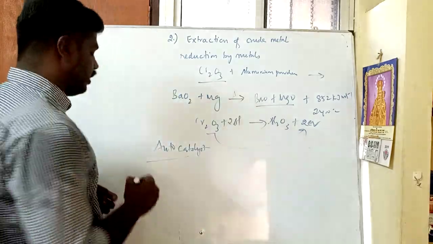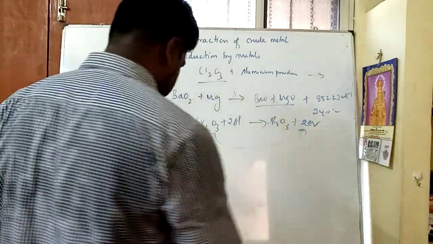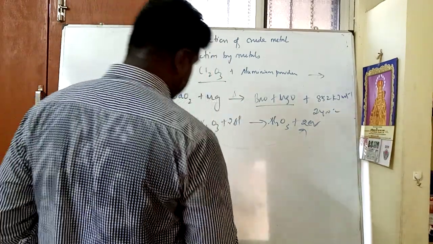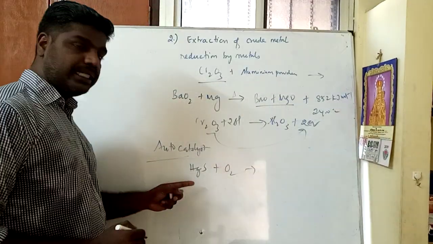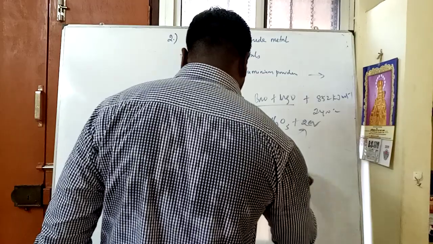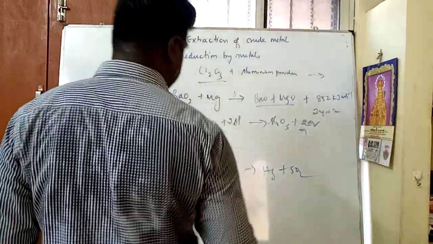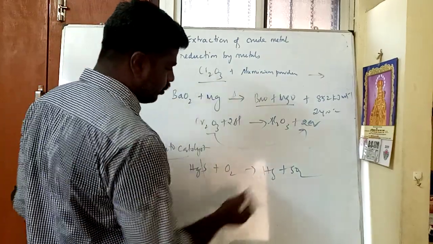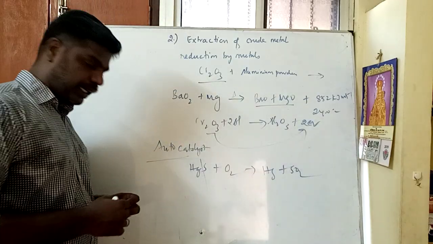For example, mercury sulfide, cinnabar. When it is heated during roasting itself, the metal oxide is converted into metal. The reduction process takes place here, and the sulfur is converted to sulfur dioxide. This process is called auto reduction.